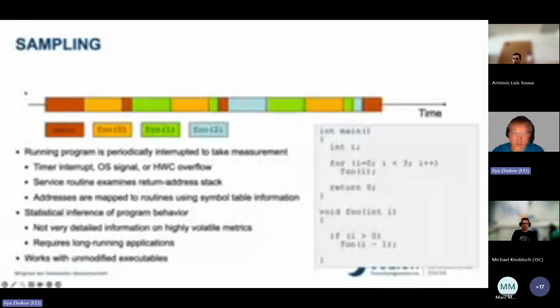And here on the top, we can see the timeline of execution of this code. Each function is color coded in a different color. Main is dark red, foo zero invocation is orange, and so on. So basically, you can see the time flows from left to right, and you can easily see how the application was executing. And to collect measurements about this application, we can apply sampling.